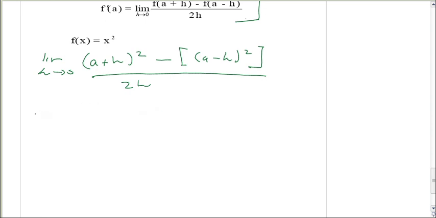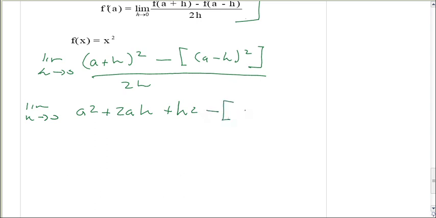Okay, so I got to write a little smaller here. Limit as h approaches 0. Now I got to expand it, because if I put in a 0, I'll end up getting 0 over 0. So if I expand the first term, I get a squared plus 2ah plus h squared. Okay, we're doing great.